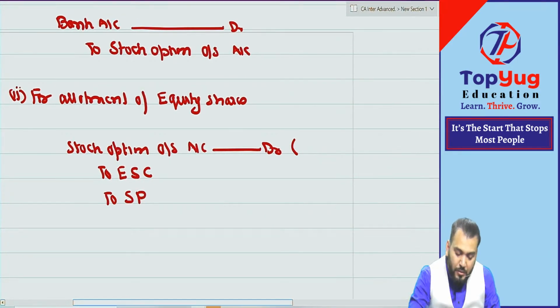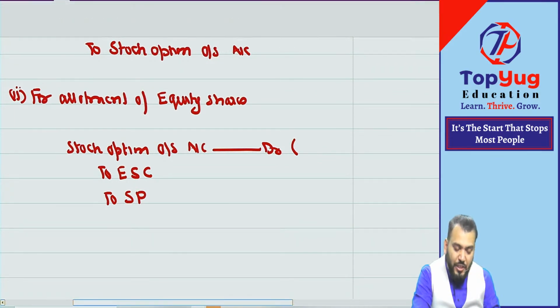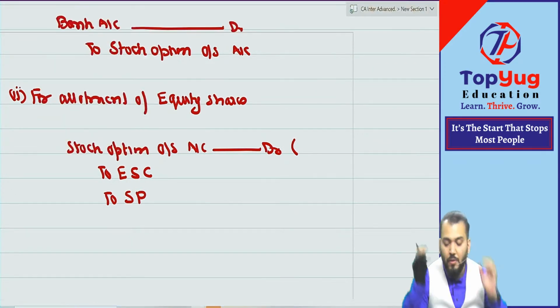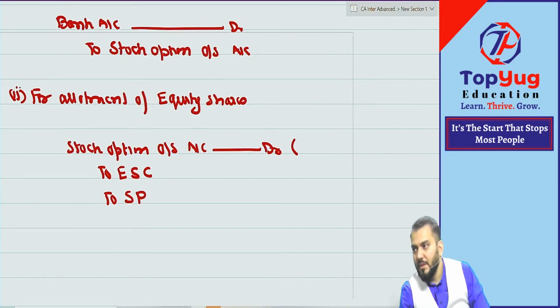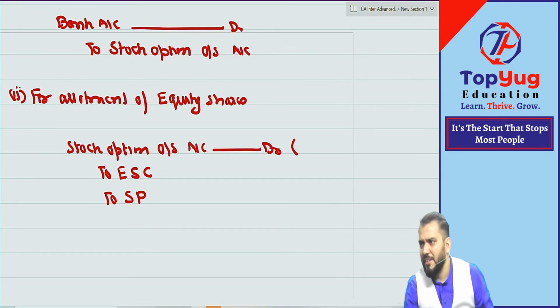Can you say stock option outstanding account in this case will be equal to what? Can we say value of option plus exercise price? Not amortized value, value of option. Value of option can be intrinsic value or fair value.